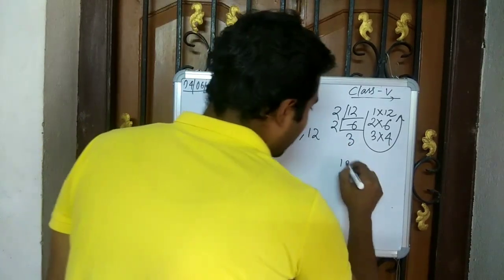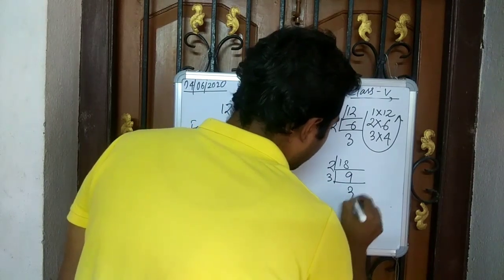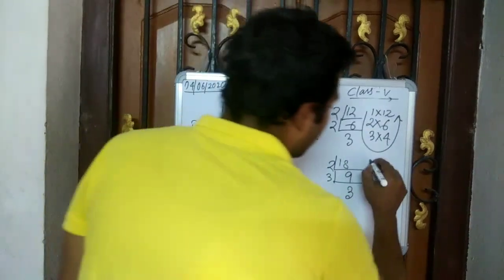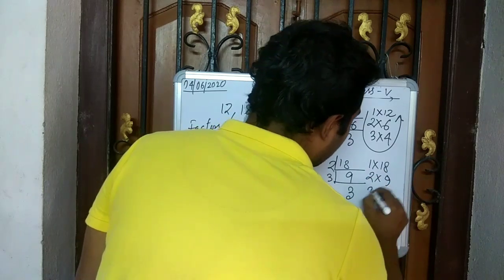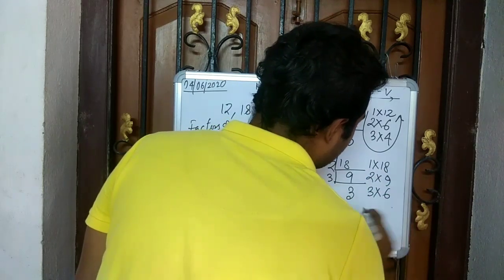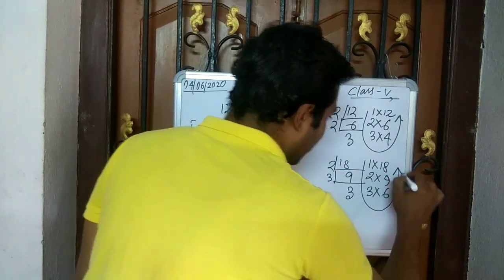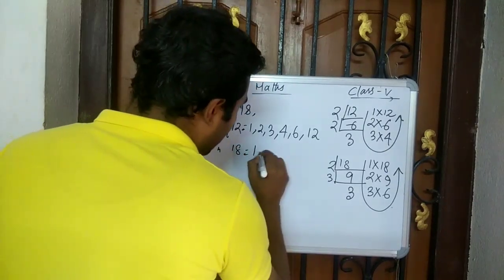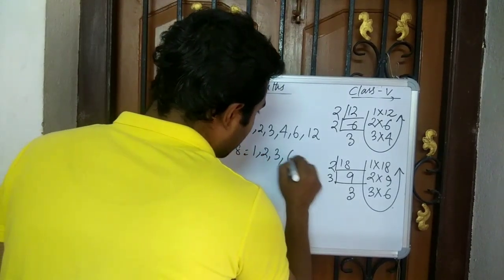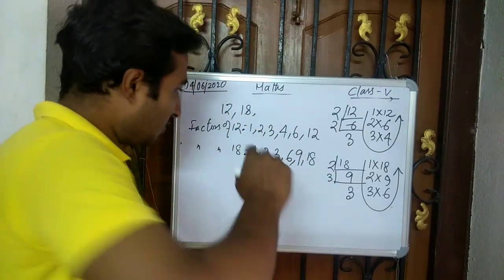Similarly, if we do the factorization of 18, 18 can be written as 1 multiplied by 18, 2 multiplied by 9, 3 multiplied by 6, and nothing else. So the factors of 18 are 1, 2, 3, 6, 9 and 18. So what are the common factors here?